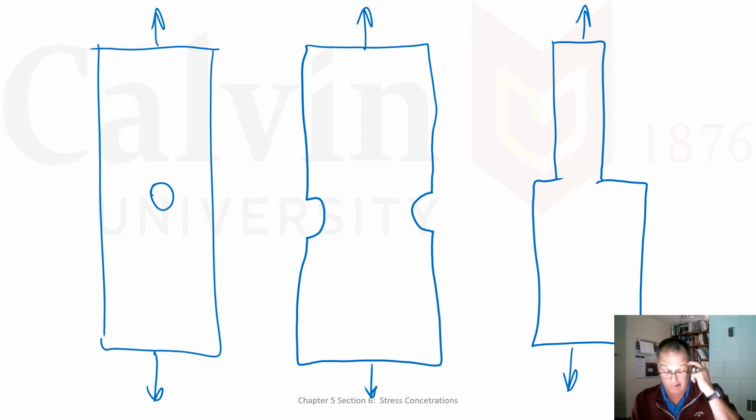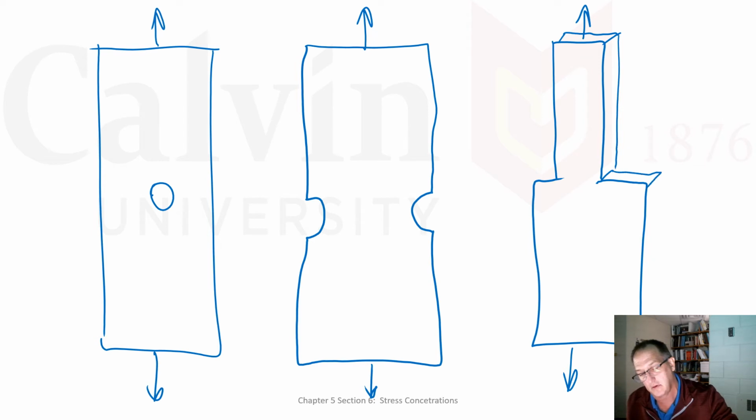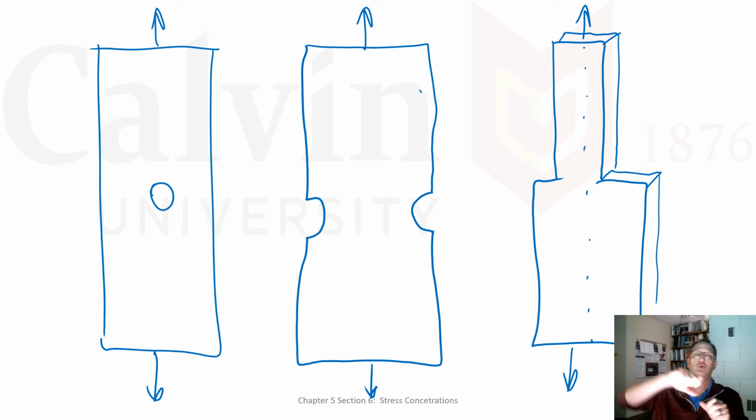Now, one of the things we have to worry about is this could be a plate like this, right? Or it could have been axisymmetric, such that it was two rods. It could have been a wedding cake problem, or a wedding cake.